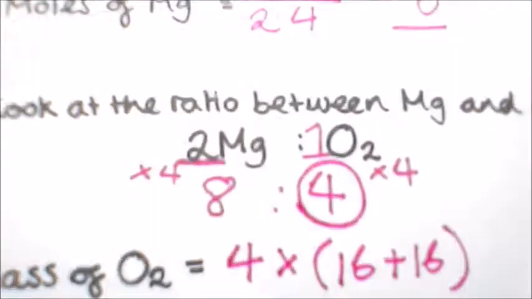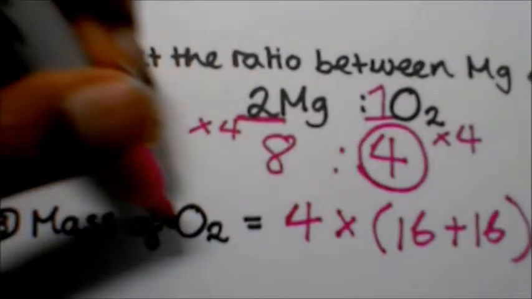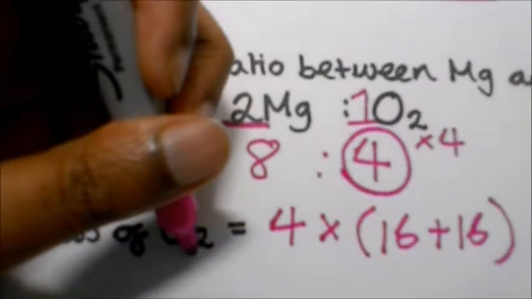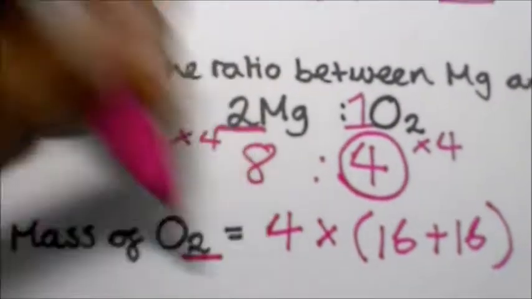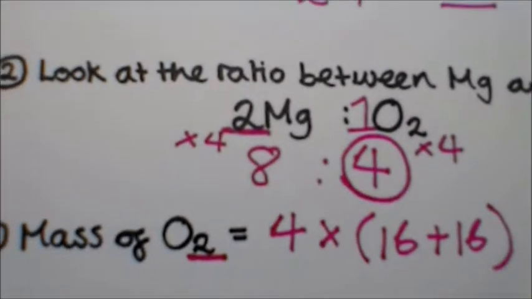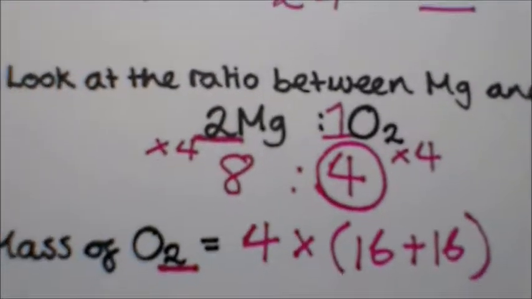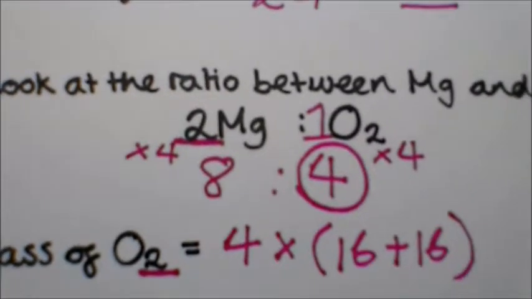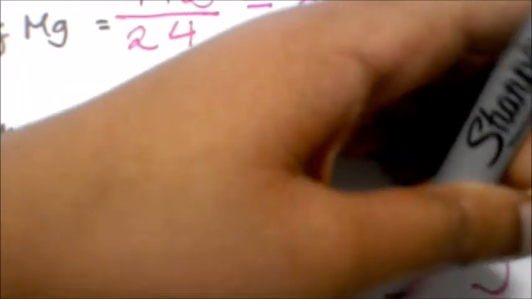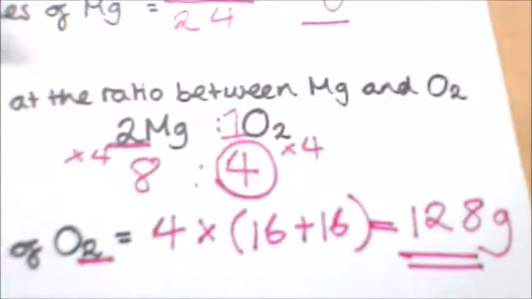You may be asking why it's 16 plus 16. Remember, there's 2. So 16 plus 16, 2 of them. 4 times 16 plus 16 is equal to 128 grams. And believe it or not, that is the right answer.